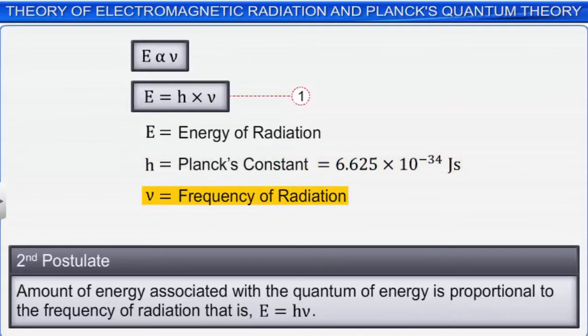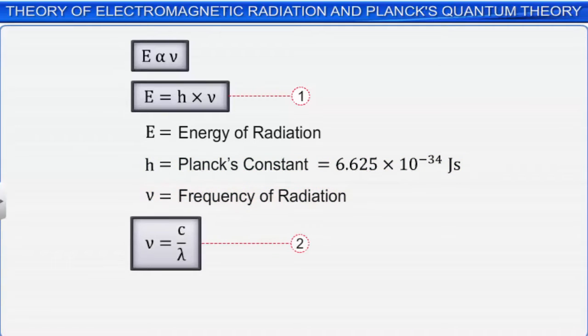To write this equation in terms of wavelength, substitute nu equal to c by lambda in the above equation. Hence, the resultant equation is E equal to h multiplied by c divided by lambda.